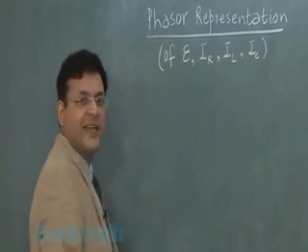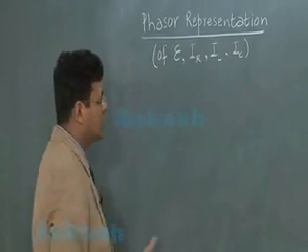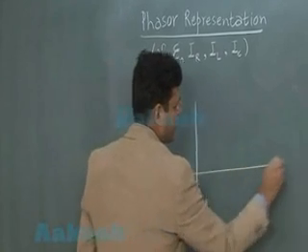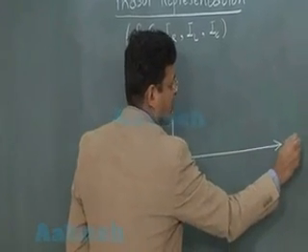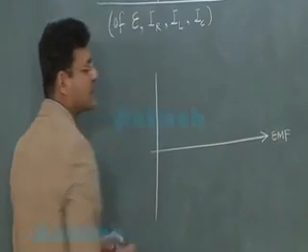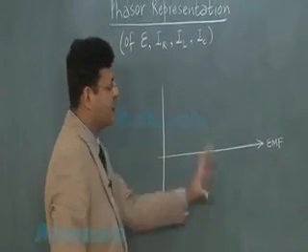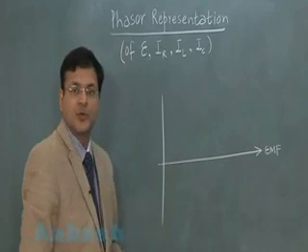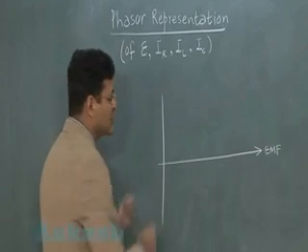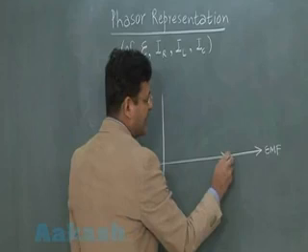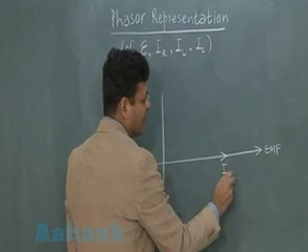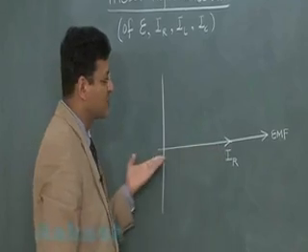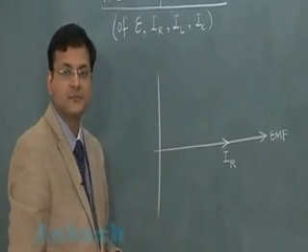What we mean by phase is that on a general diagram you have to show their relative position. Remember that if EMF is being shown as reference, then EMF will be plotted on x-axis. If you remember that current through resistor was in phase with EMF, then current through resistor will also be plotted in this fashion. IR is current through resistor. Since this is in same phase, both of them are following the same line.